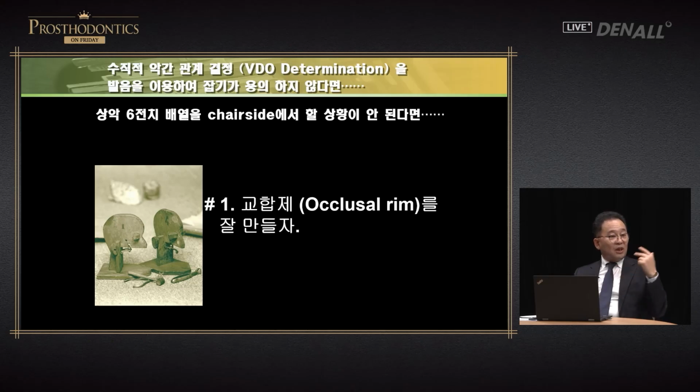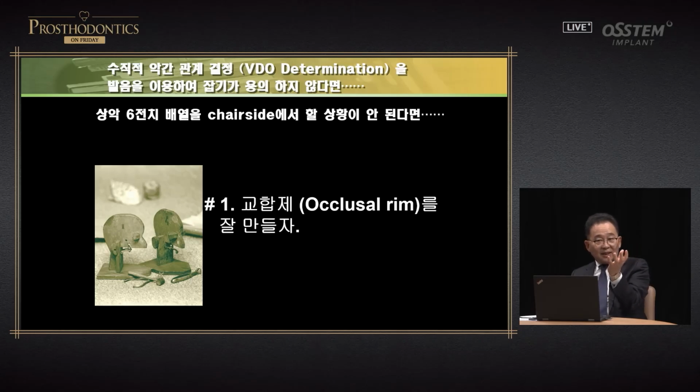If a dentist cannot align the 6 anteriors chair side, my suggestion is to make an occlusal rim. You can do this by training your staff. By utilizing anatomical statistics, you need to make an occlusal rim in a very good way.